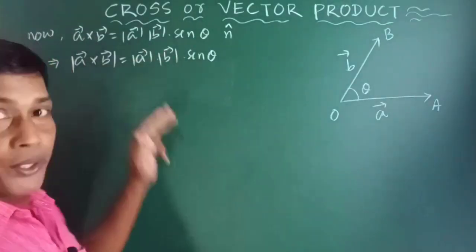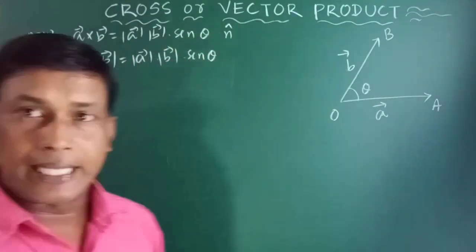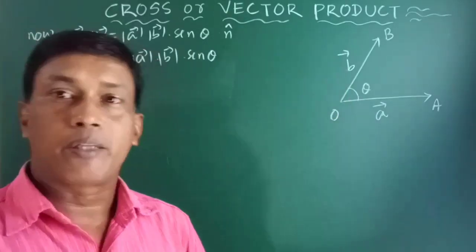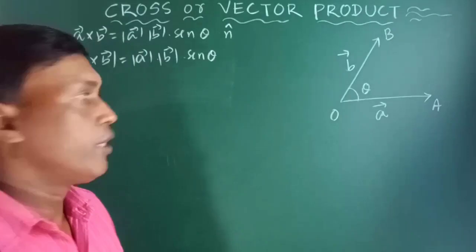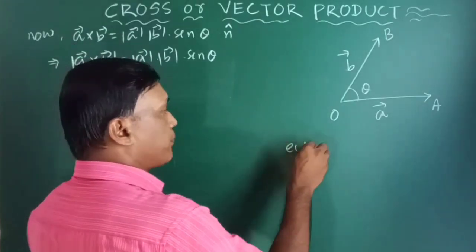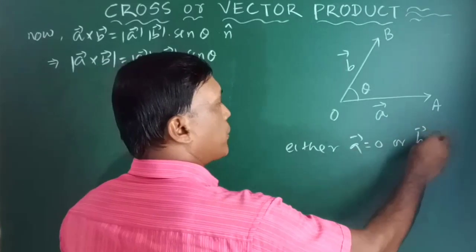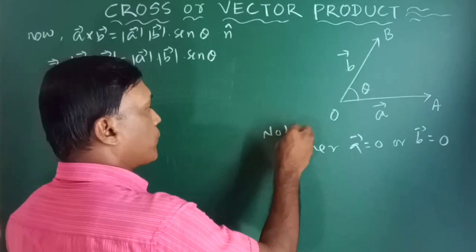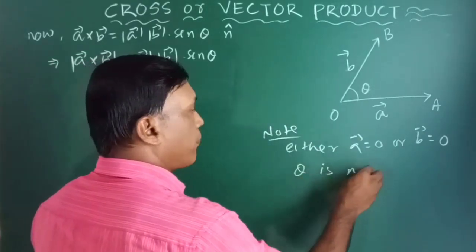Now the cross product of two vectors A and B is AB sin theta n cap. But A and B are two non-zero vectors. If any one of them is zero, suppose either A vector is equal to 0 or B vector is equal to 0, then, important note, theta is not defined.